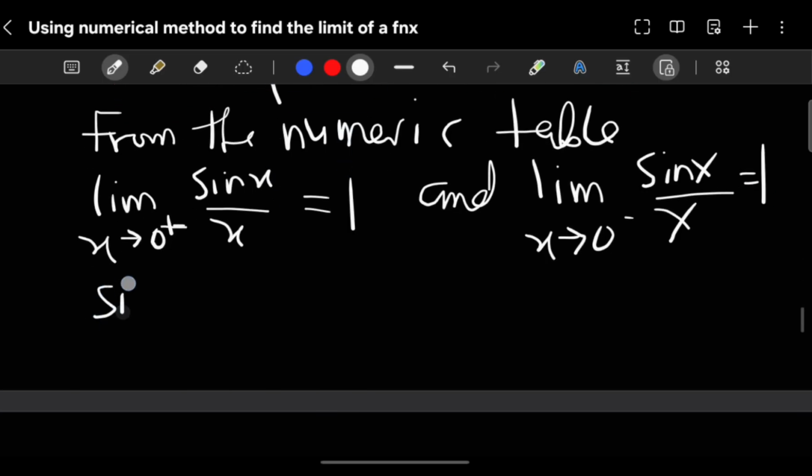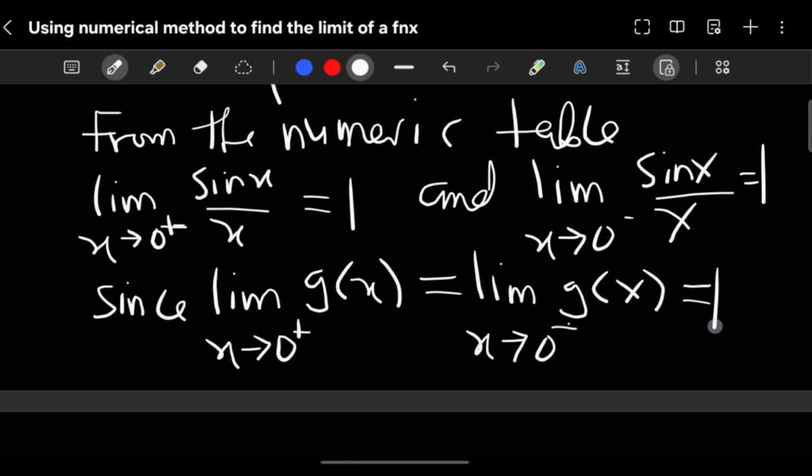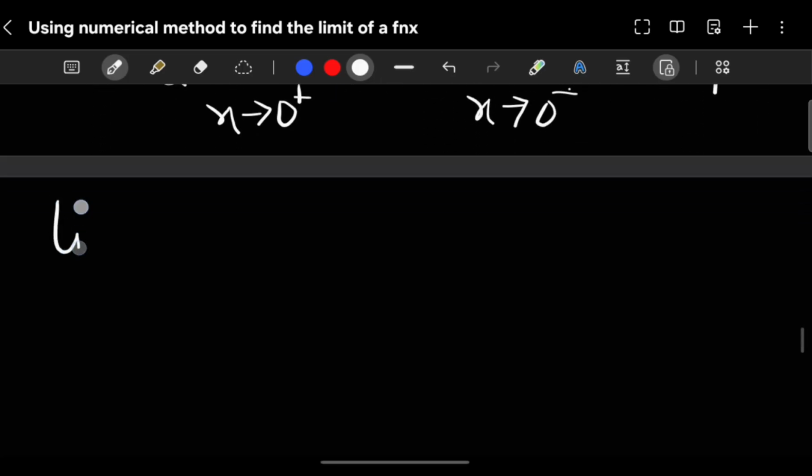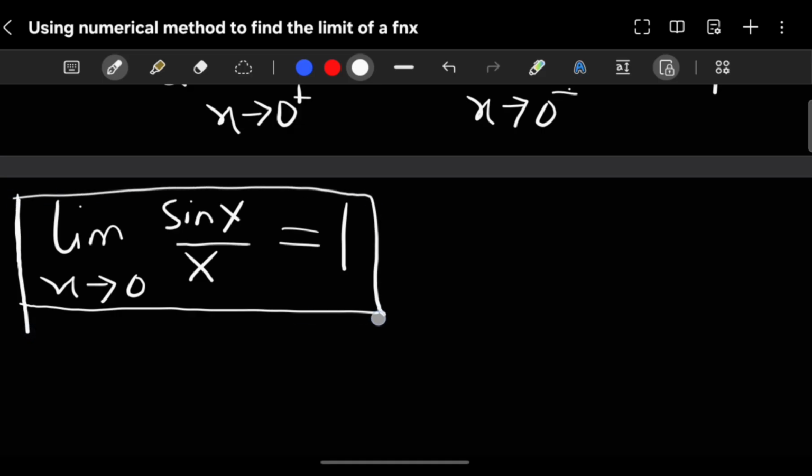Then we say since the limit as x approaches 0 from the right of the function g of x is the same as the limit as x approaches 0 from the left of g of x, and they are all equal to 1, then we conclude that the limit as x approaches 0 of sine x divided by x itself is equal to 1. And this is one of the important rules as far as limits and trigonometry is concerned.